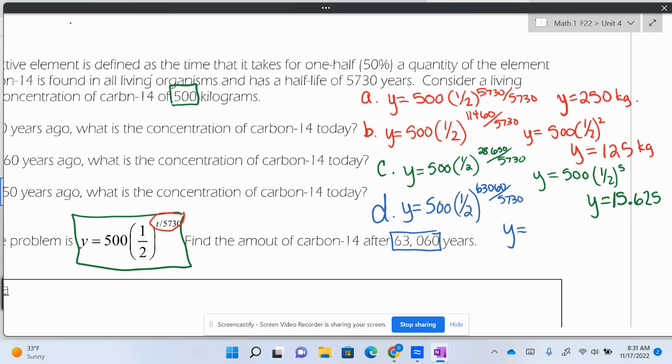Well, that's the same thing as y equals 500 times 1/2 to the power of, it's like 11, isn't it? 11.000 something. So we're just going to say it's 11. So what is 500 times 1/2 to the 11?